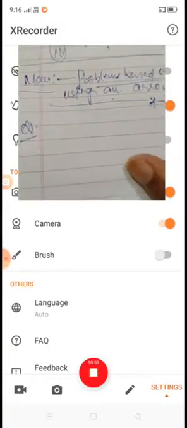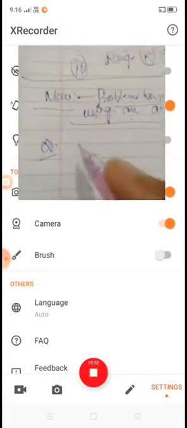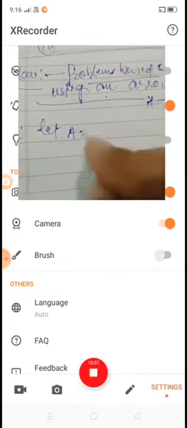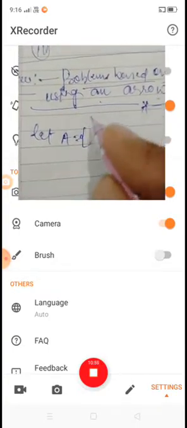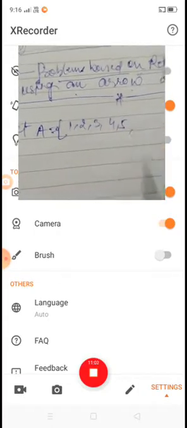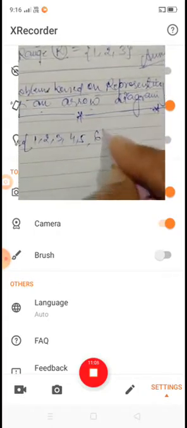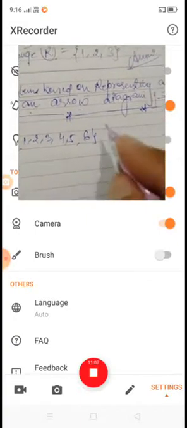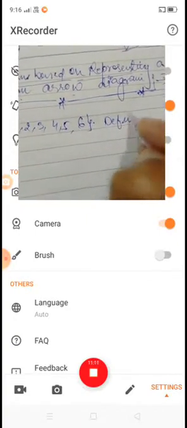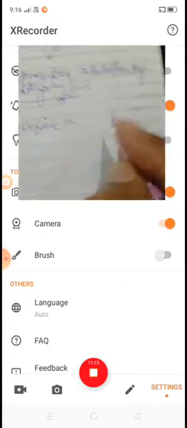Your question is, let any set A be equal to {1, 2, 3, 4, 5, 6}.